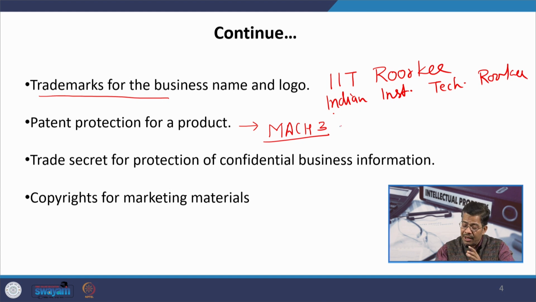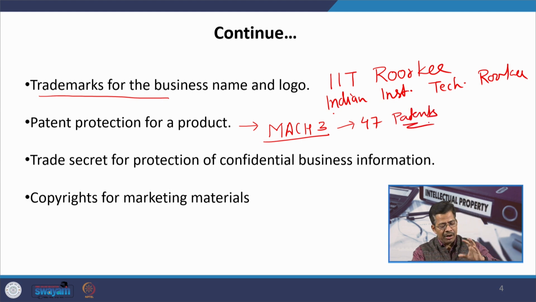It is a portfolio of around 47 patents which they are maintaining for keeping every angle of that Mach 3 razor protected. So, that is another example of developing a portfolio of patents for one specific product.